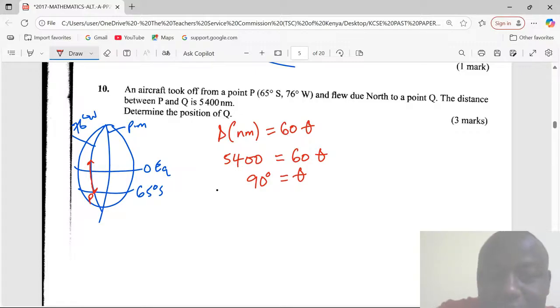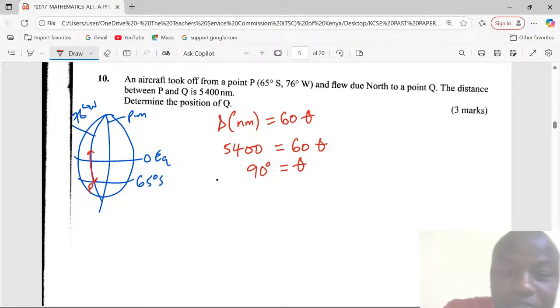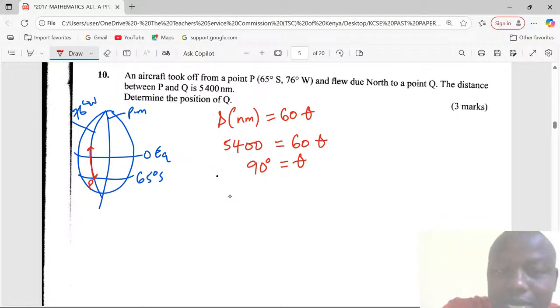To cover an angle difference of 90 upwards, we shall first cover the 65 in the south, and we still move to the north part. We move through the 65 in the south and penetrate the northern hemisphere, such that for the latitude difference we need the first latitude plus the second one.